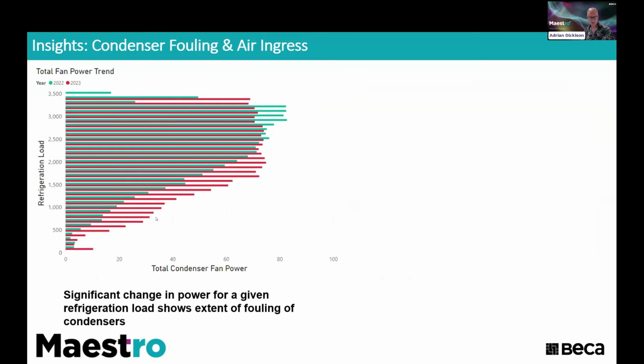And what you can see is that there's a significant change from 2022, which is the green data, to 2023, which is the red data, where at many conditions we are actually doubling the fan power. And that's telling us the extent of fouling that's preventing us from rejecting heat to atmosphere without working the fans harder. In fact, in like-for-like instances of load and temperature, we're seeing an increase of 18% in the drawn power to reject that same amount of heat, do that same amount of refrigeration.